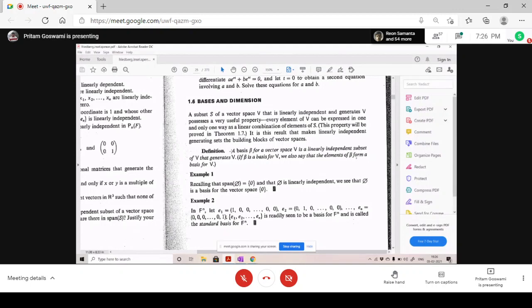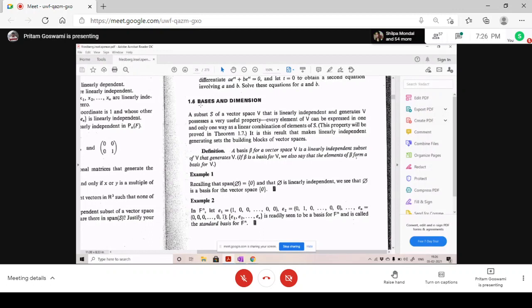And also they span the whole R3. So the collection of these three vectors is a basis for R3. There can be many bases. A basis is not unique for a vector space.